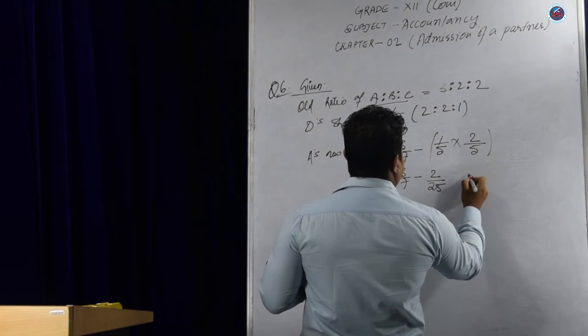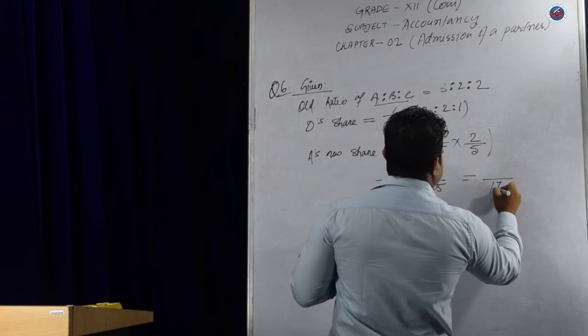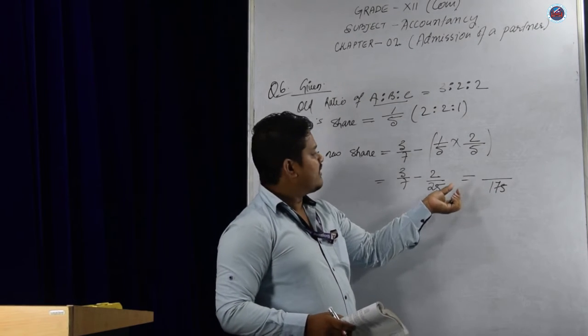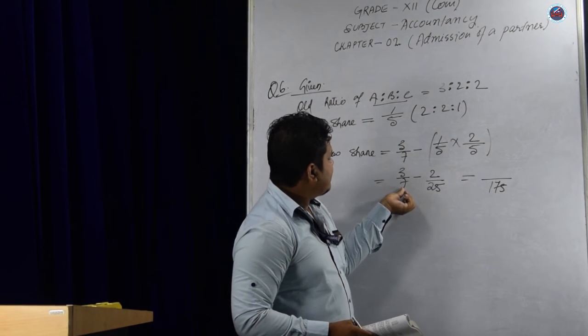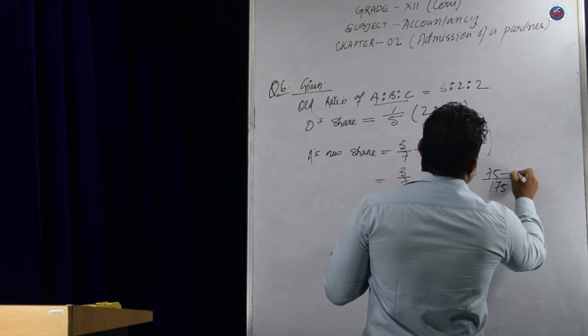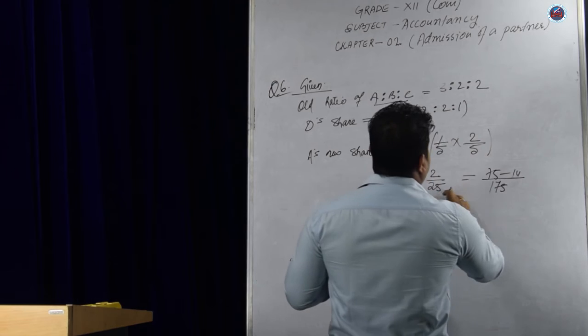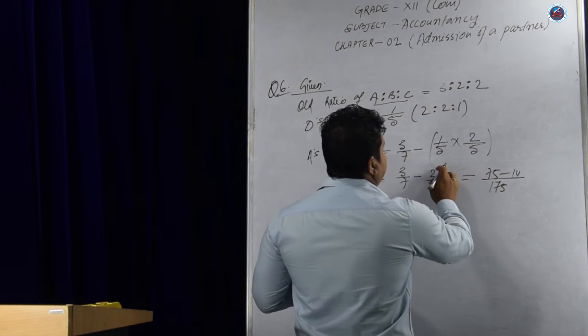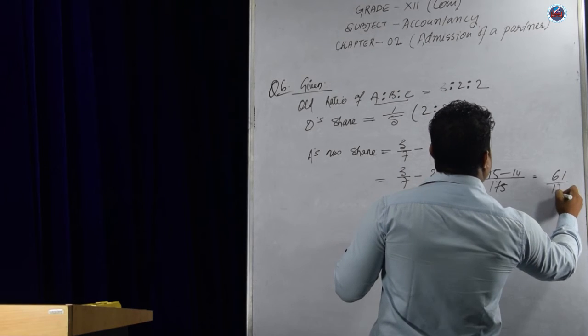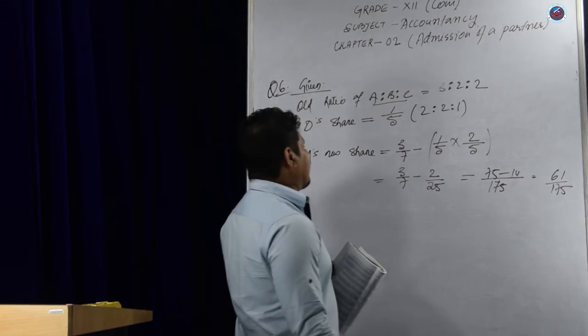If you take the LCM, it will be 175. So 175 divided by 7 into 3, it will be 75 minus 14, that is 25 divided by 175 into 2. The answer will be 61/175 for A's new share.